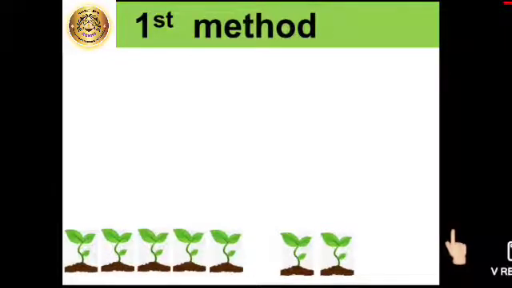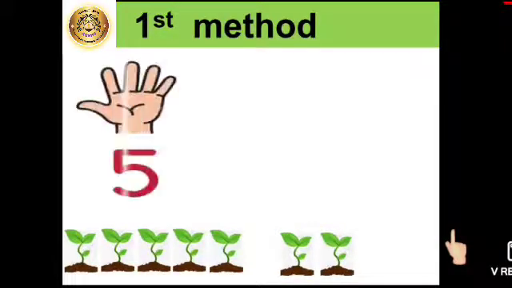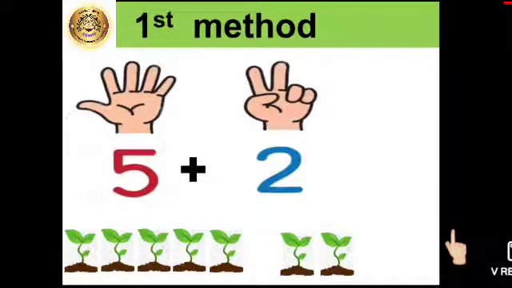First we take out 5 fingers for the 5 plants. Then we have to add 2 more plants, means you have to take out 2 more fingers to count forward.